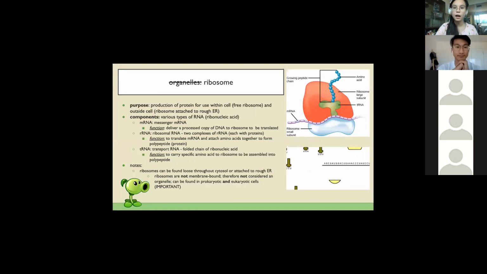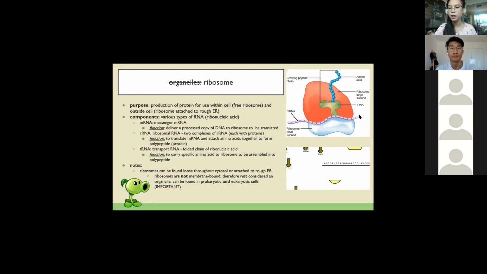So ribosomes are not membrane bound, so it's important to remember that these are the only organelle that is present in both prokaryote cells and eukaryotic cells. Ribosomes are basically there to produce proteins for the cell to use. They're made up of two subunits of ribosomal RNA, a large subunit and a small subunit.